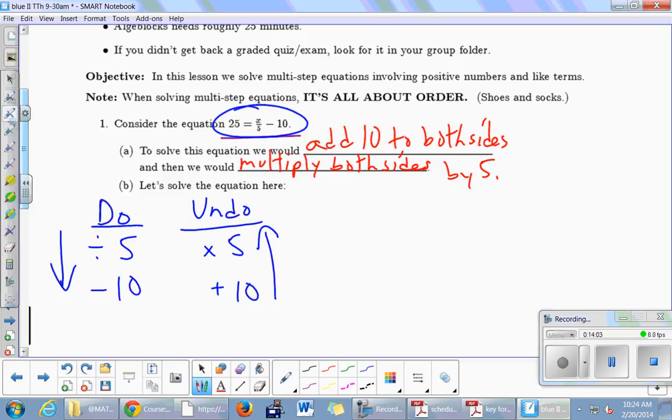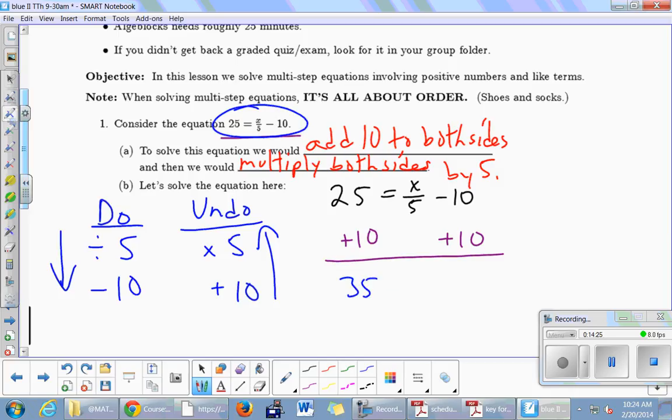Okay, so let's solve this equation together. I'm going to rewrite the equation here. 25 equals x over 5 minus 10. And then what did we say we had to do first? Add 10, so I'll put that down below. Add 10, big equals line. 35 equals x over 5.